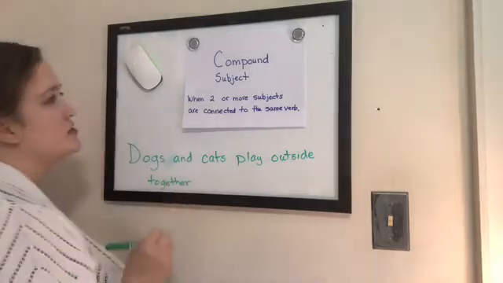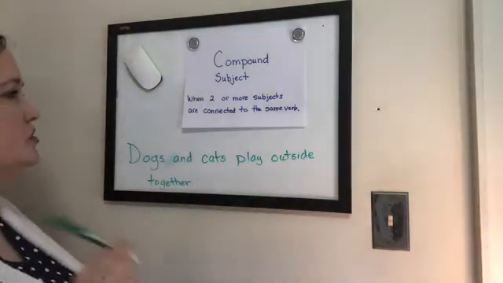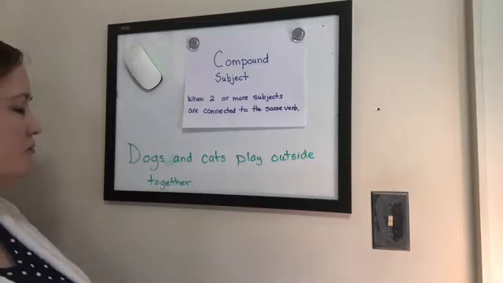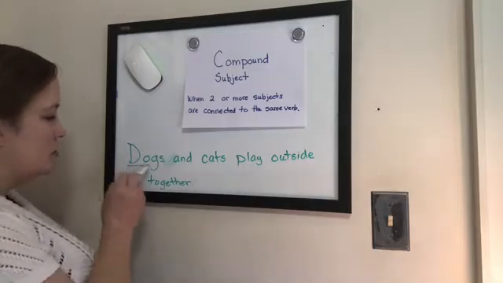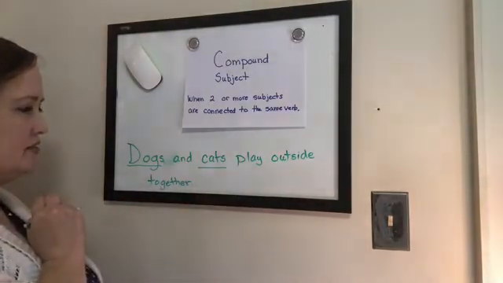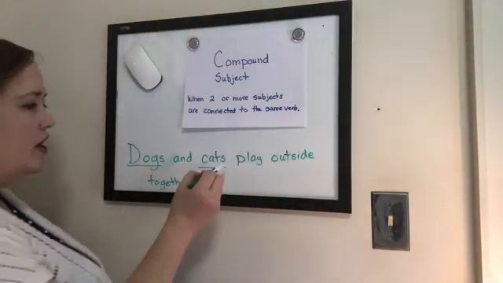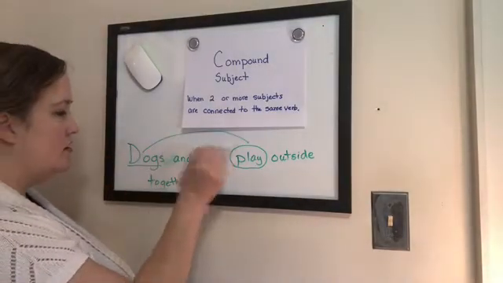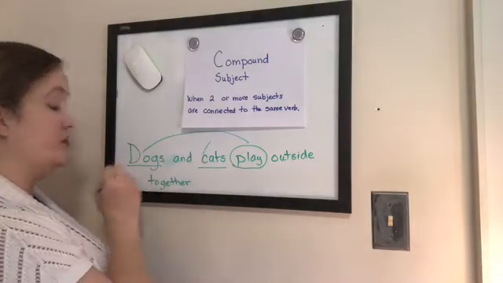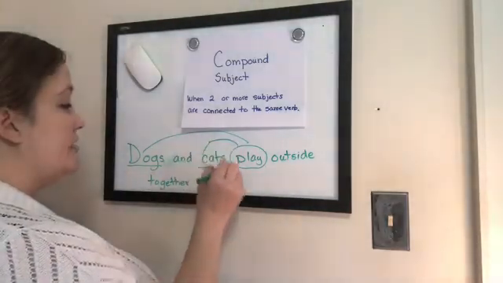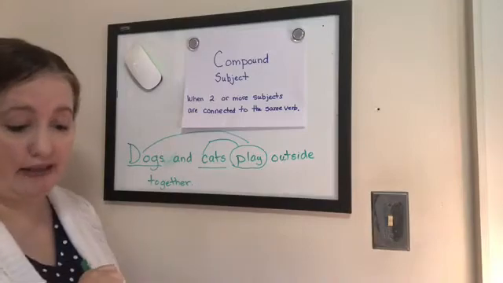All right, so a compound subject is when two or more subjects are connected to the same verb. We know that dogs and cats are the subject. What do they do? They play outside. So the subjects dogs and cats are connected to this verb, play.